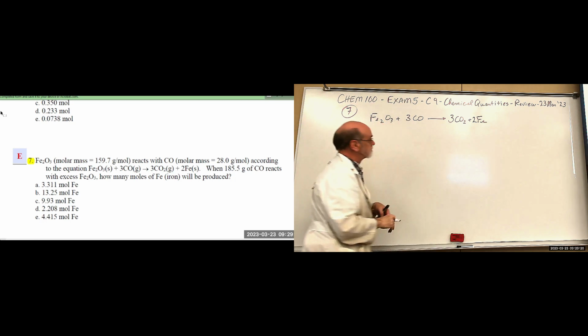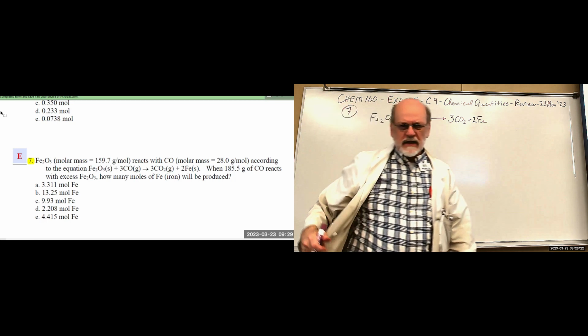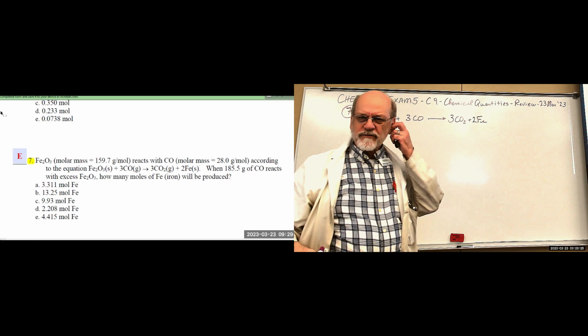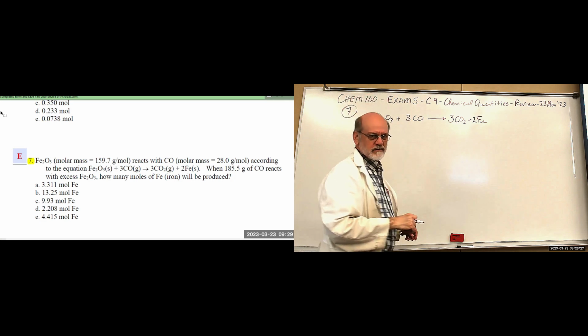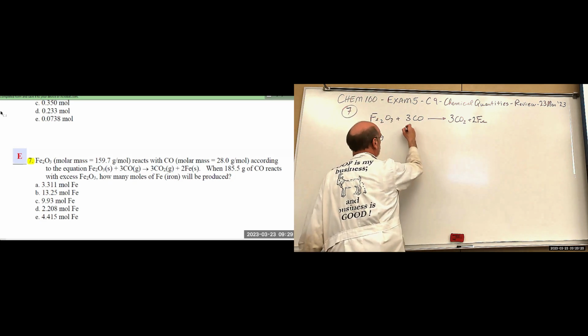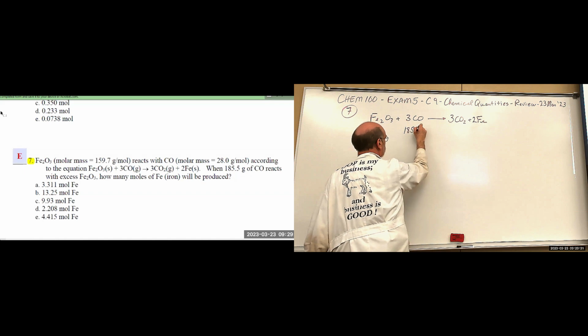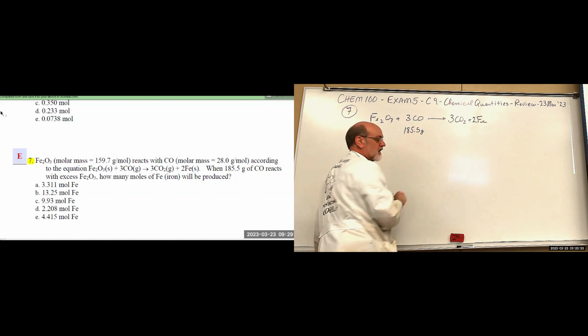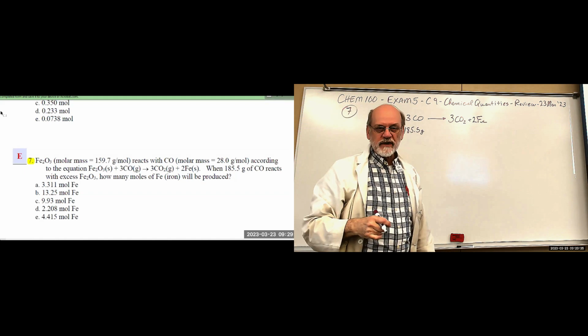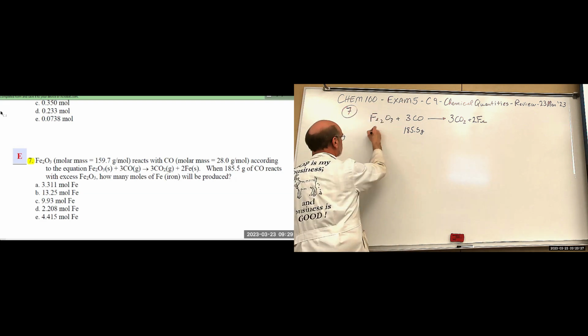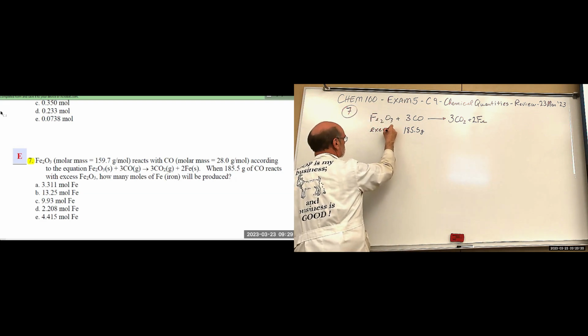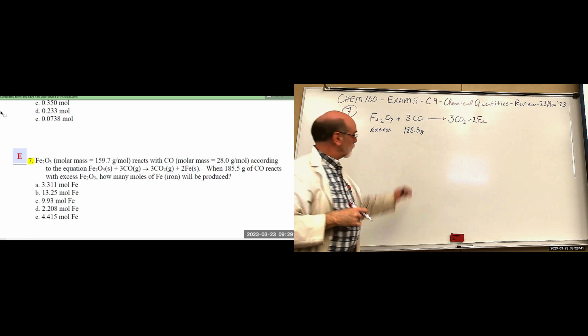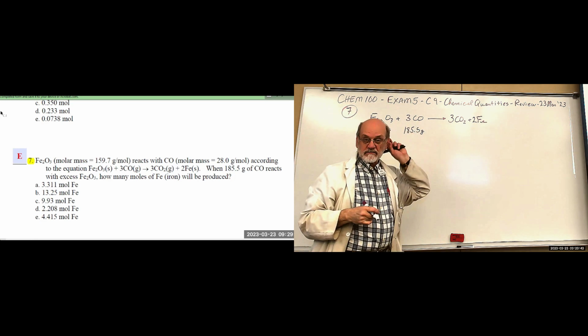All right. So the question is, when you have 185.5 grams of CO, 185.5 grams of carbon monoxide reacts with excess. That's nice. So we're going to use all that up completely.